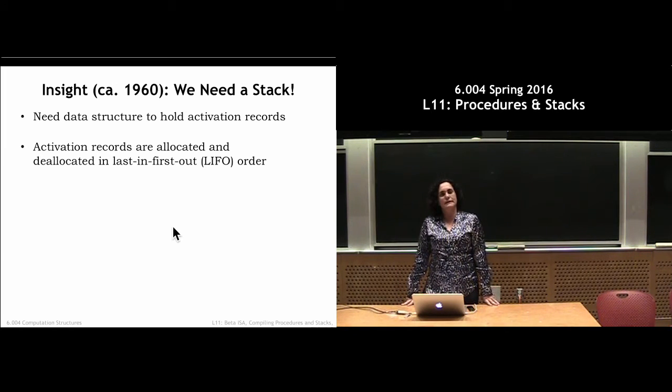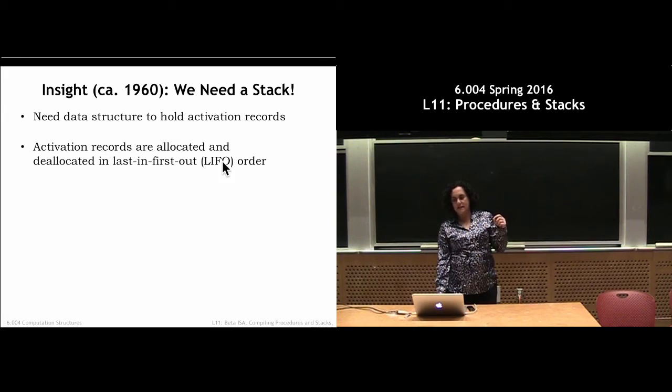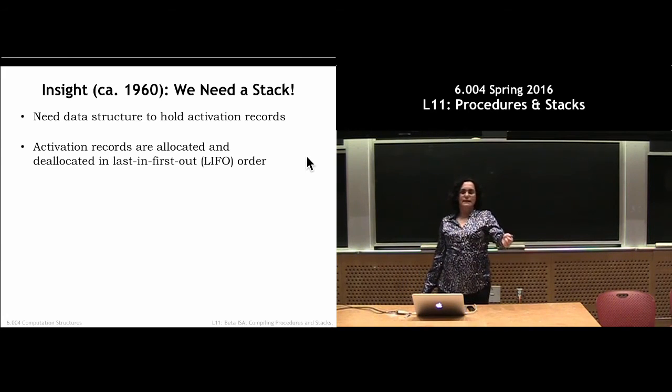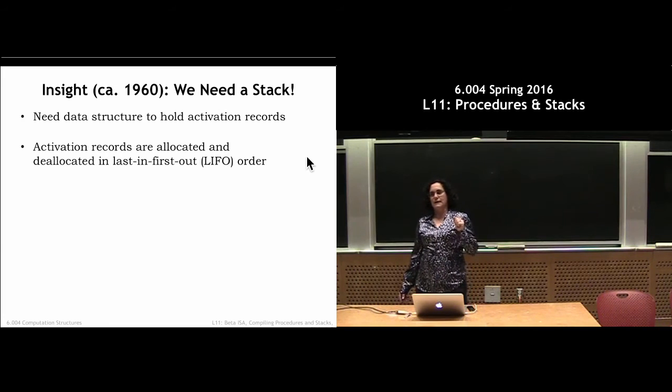Early people who used to do compilers realized that when they wanted to compile their programs, it was always the case that what they wanted to do was put activation records in what's called a last in, first out order, okay? So it's always the case that the last thing that you put in is going to be the first thing that you take out, okay?